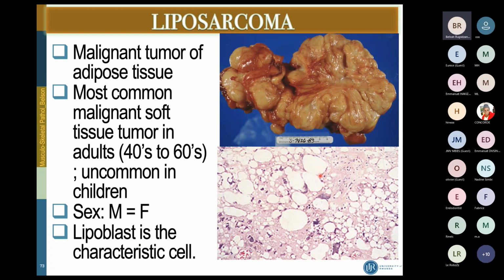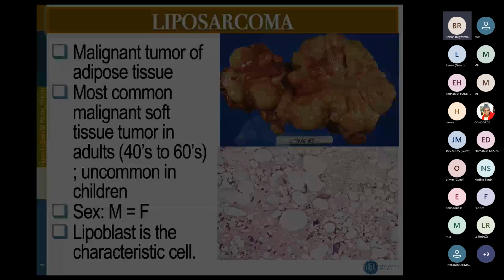Here you can recognize cells which have empty nuclear cytoplasm, because the fat is lost during processing. On histology, you may find a tumor that looks like this in the middle, without large adipocytes, and you see fibroblasts instead. In that case it becomes very difficult to know whether it is a liposarcoma.